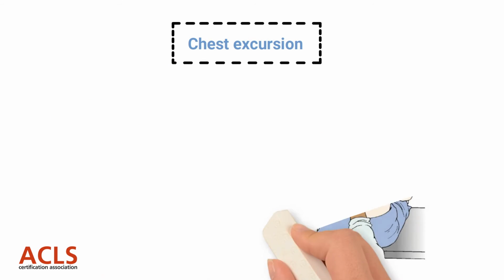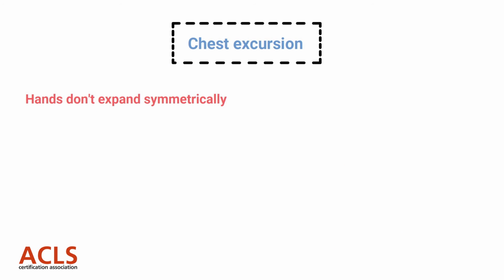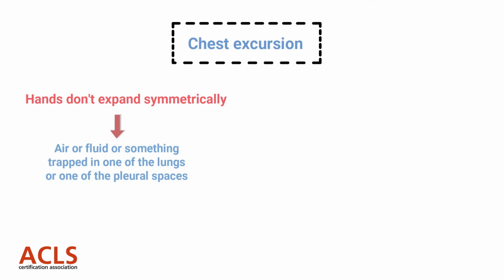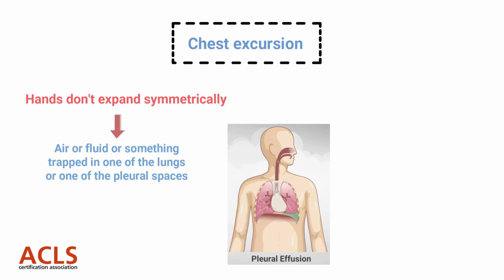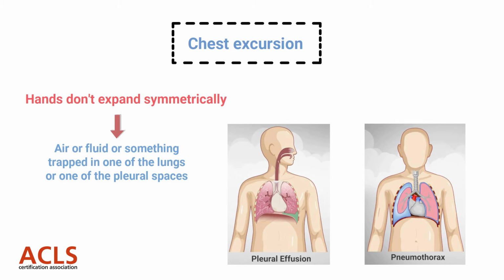If they don't expand symmetrically, then there's either air or fluid or something trapped in one of the lungs or one of the pleural spaces that is causing an asymmetrical expansion of your hands when your patient breathes in. So it could be a pleural effusion, it could be pneumothorax, something that's causing asymmetric chest excursion.